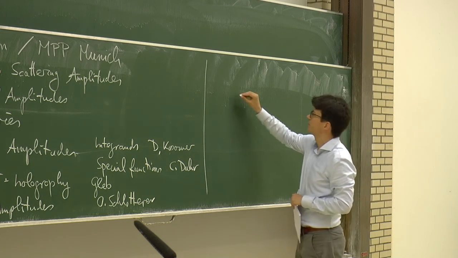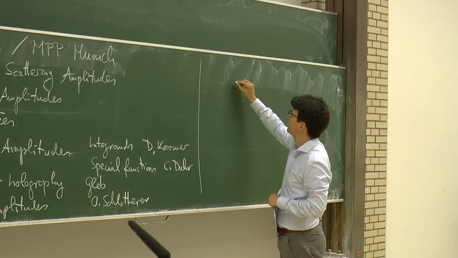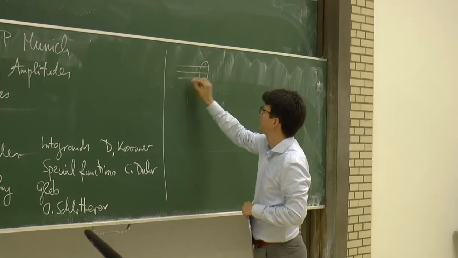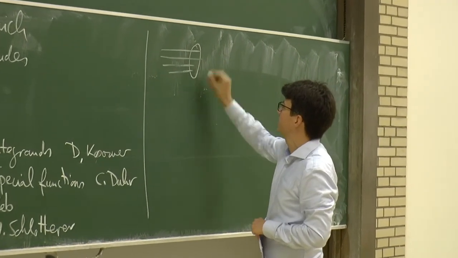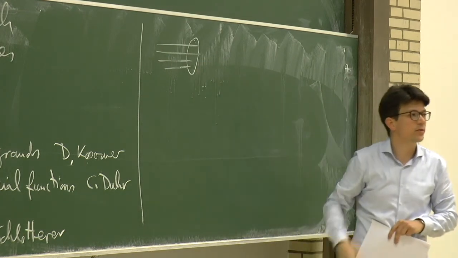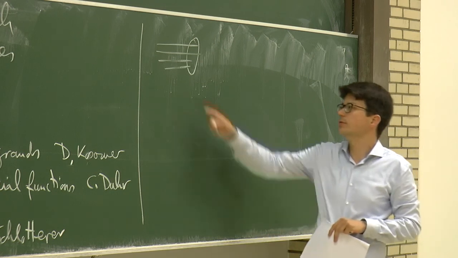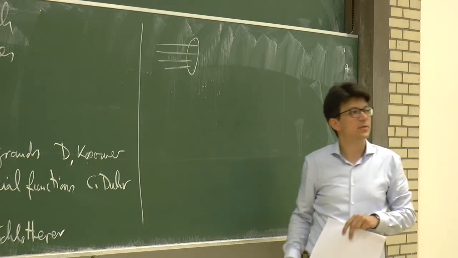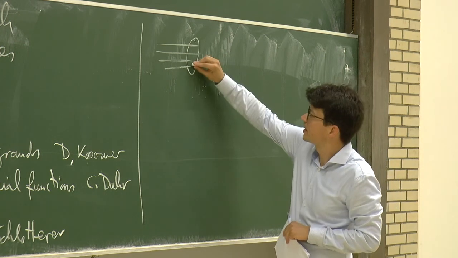Probably you've seen this. If you scatter protons, let's say they come in here, we have their constituents. Typically what happens is that what's actually scattered is some constituent of this proton, which could be a quark or gluon. So there's some story of parton distribution functions here.